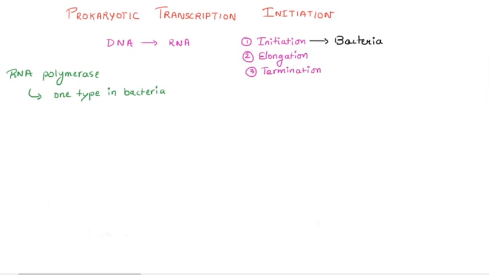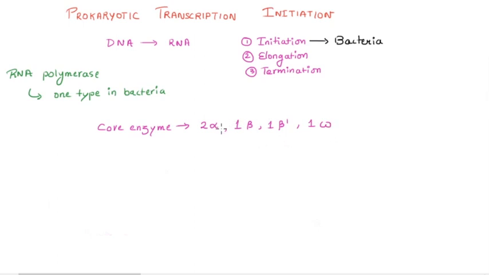Now, this RNA polymerase has got 4 different subunits that make up the core enzyme. So, the core enzyme is made up of 2 alpha subunits, 1 beta subunit, 1 beta prime subunit, and 1 omega subunit.